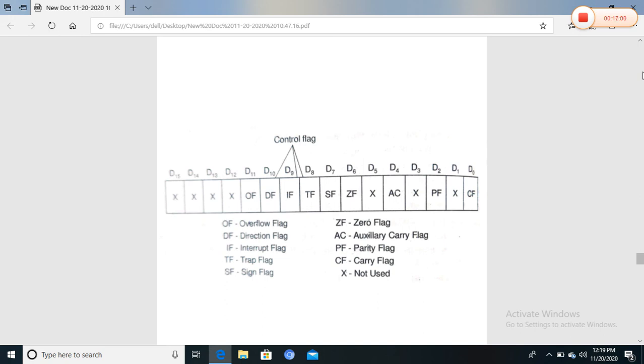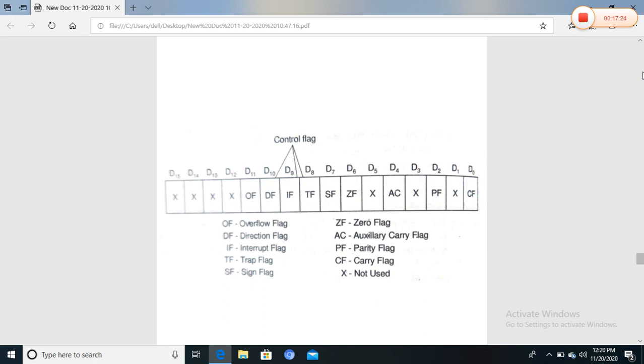The direction flag is set by executing the STD instruction and reset by the CLD instruction. That flag is the direction flag.